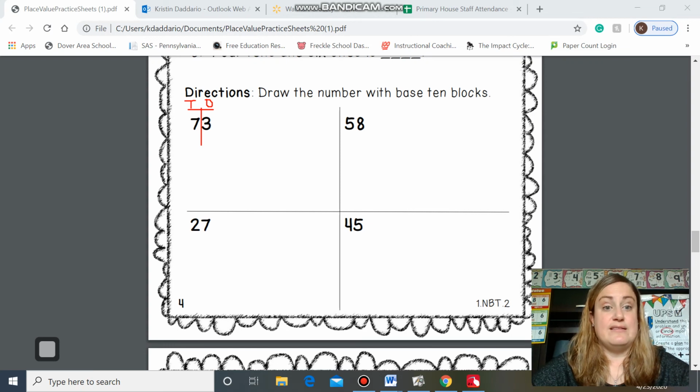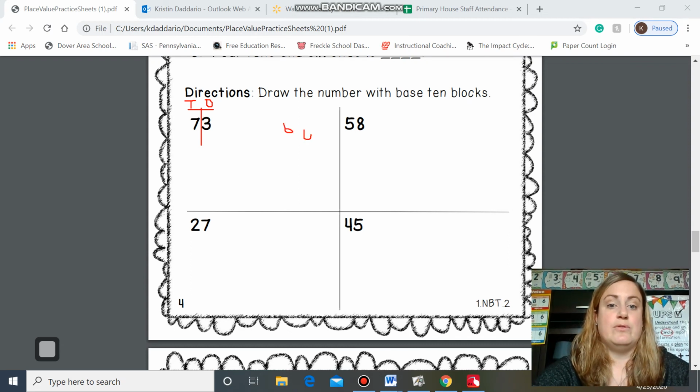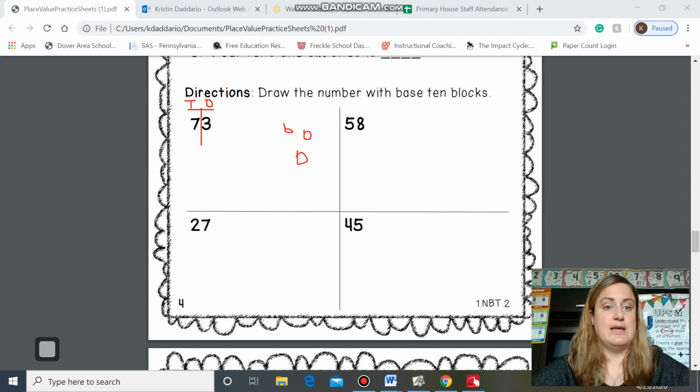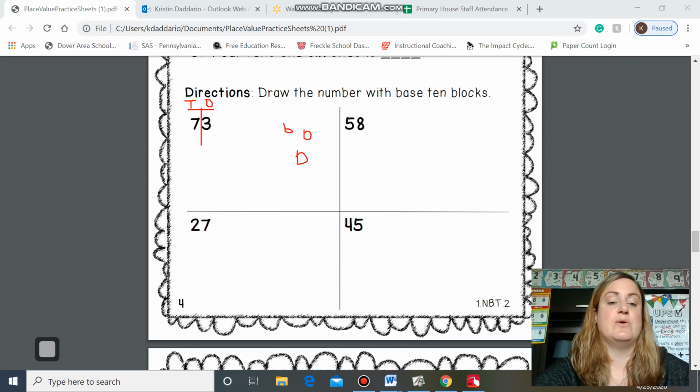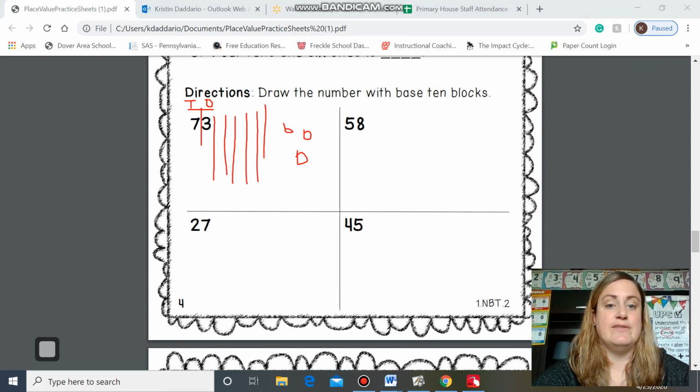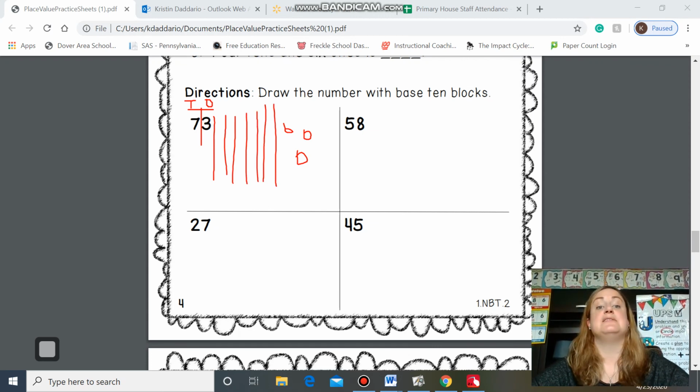It says I have how many ones? Right here it tells me I have 3. So I would draw 3 ones blocks. Then I move to the tens. How many tens? I have 7. So I would draw 1, 2, 3, 4, 5, 6, 7 tens blocks.